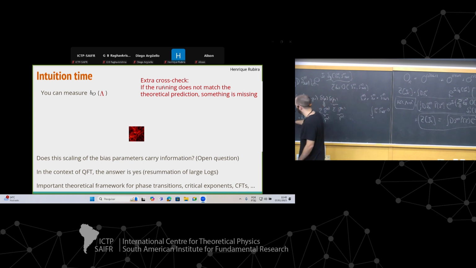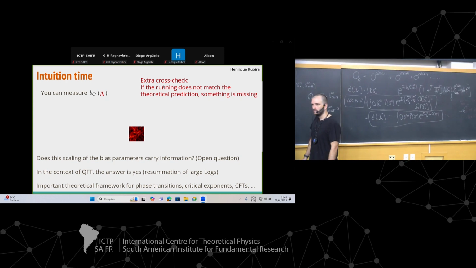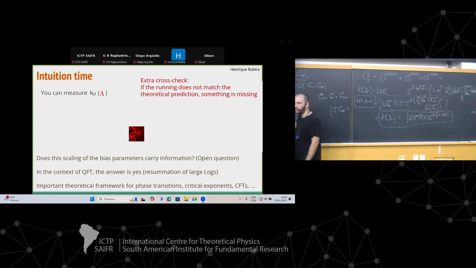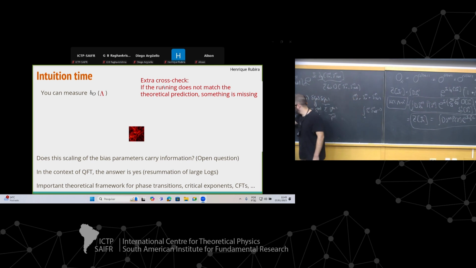Exactly. This guy cannot depend on lambda. So what you're doing is moving the fields directly here. The basis you choose to fit those parameters is different. Okay? It's not that you're taking this and doing just a cut.